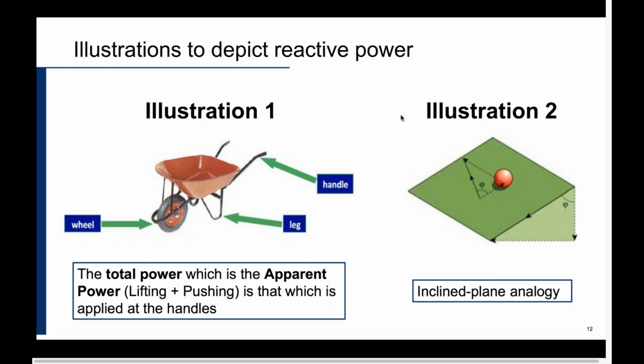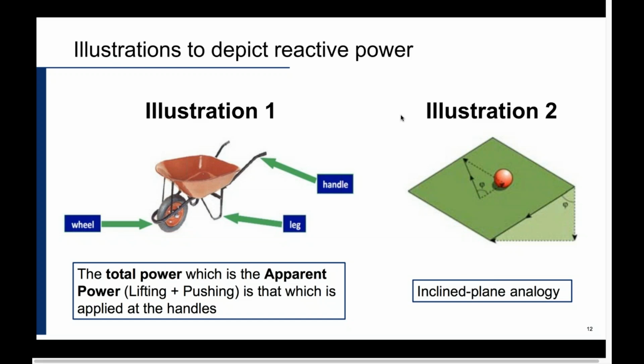Active power is the force that propels the wheelbarrow in the forward direction, whereas reactive power is the force that's used to keep the wheelbarrow in the lifted position. As you can understand in this analogy, the force applied in the forward direction becomes effective only after lifting the wheelbarrow from the ground. That's where reactive power is more effective. It's to keep the efficiency high and not fall below a certain acceptable number.